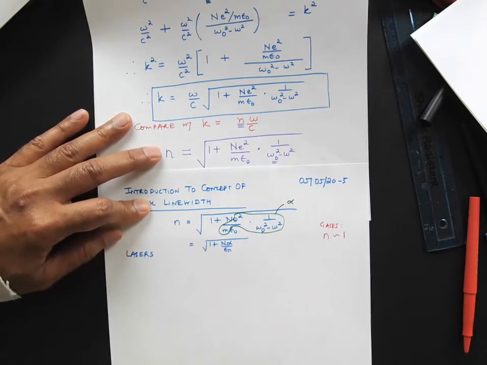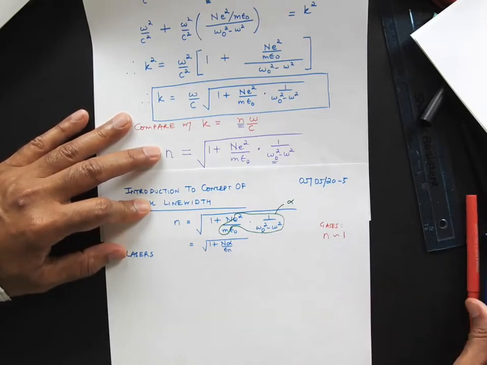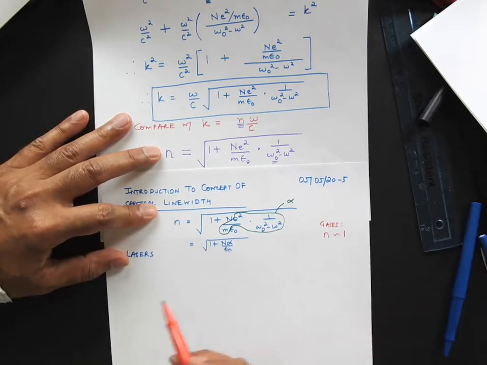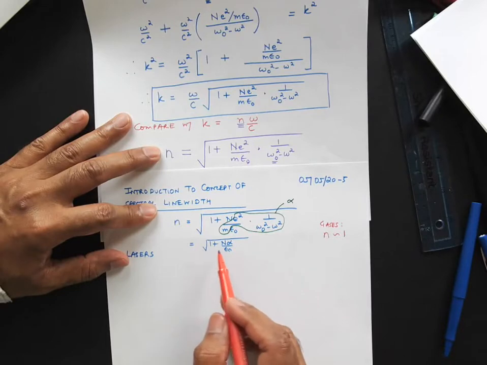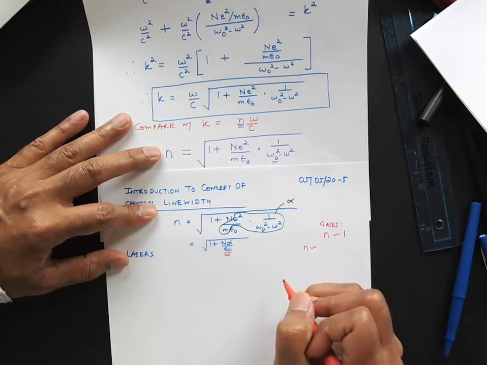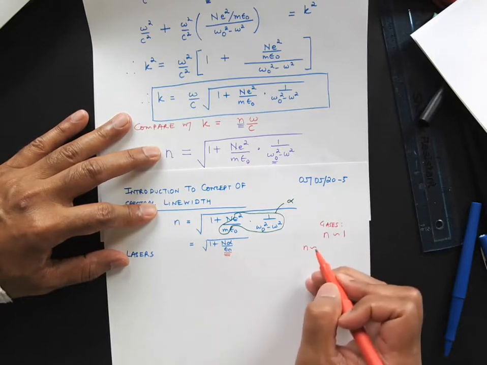And for gases, this is about 1, which means that this part is small, and so you can write n as approximately equal to, using a binomial approximation.